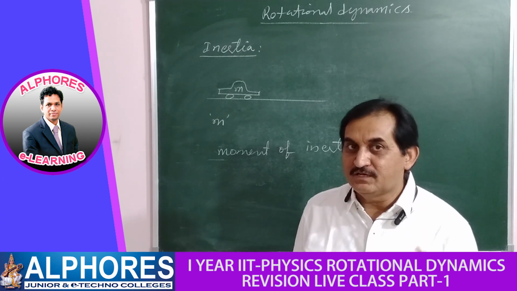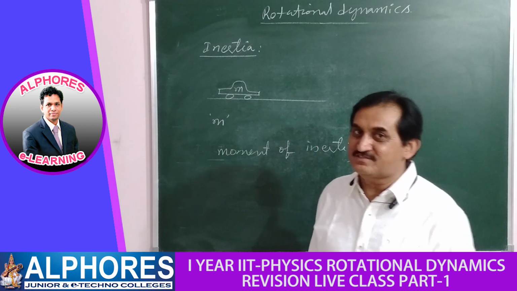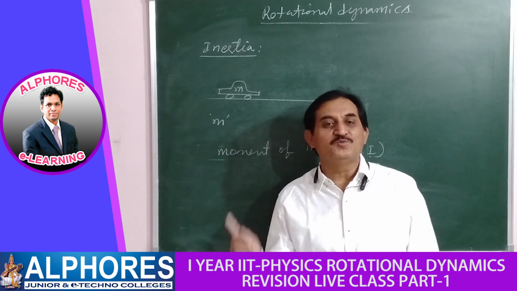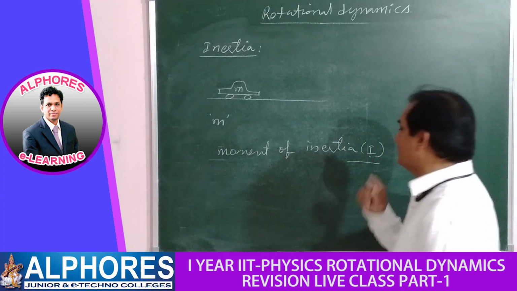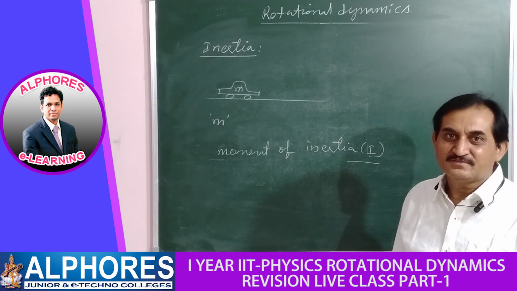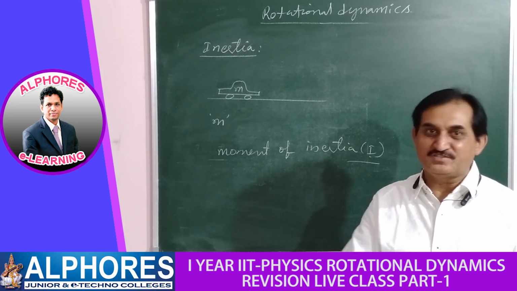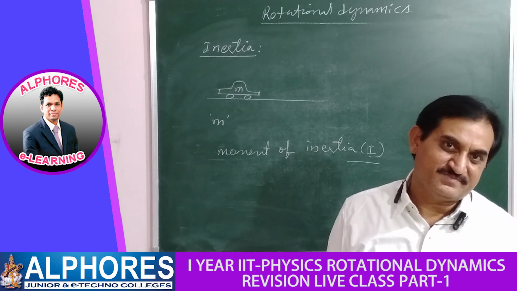But the inertia of a body in translational motion is measured by mass, whereas the inertia of a body in rotational motion is measured by moment of inertia, which is represented by I. This is a clear concept of how it makes the difference between inertia and moment of inertia.